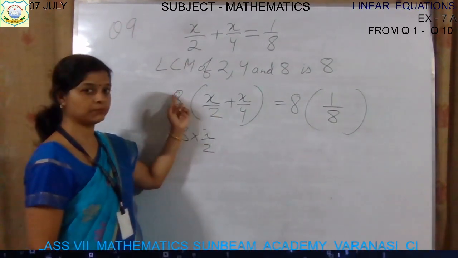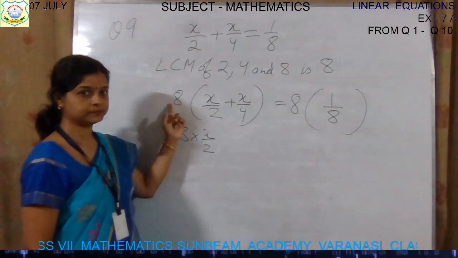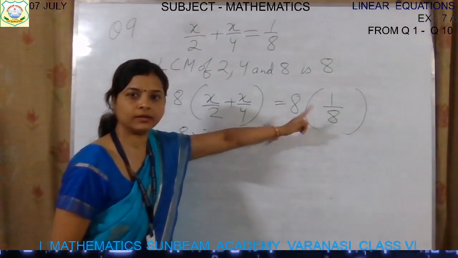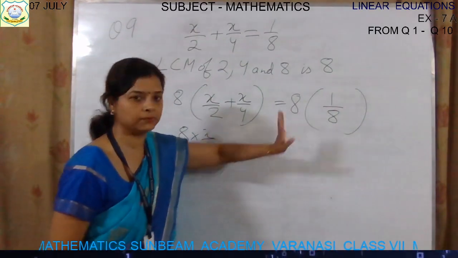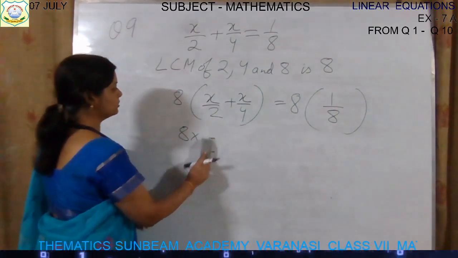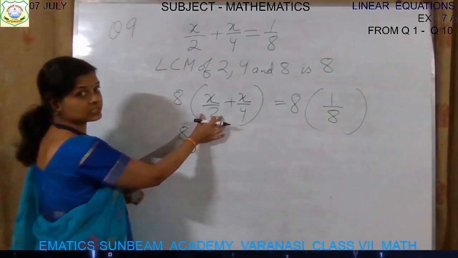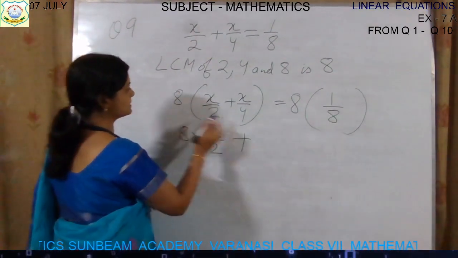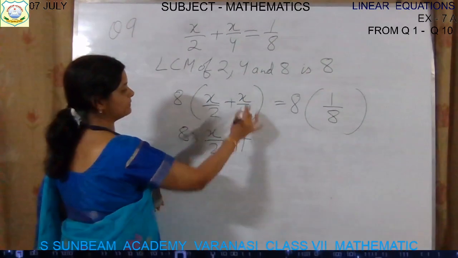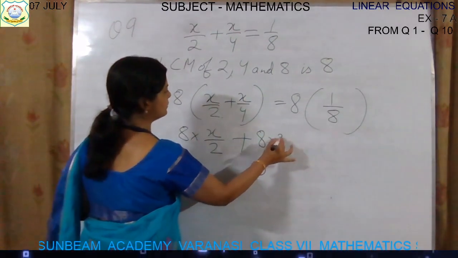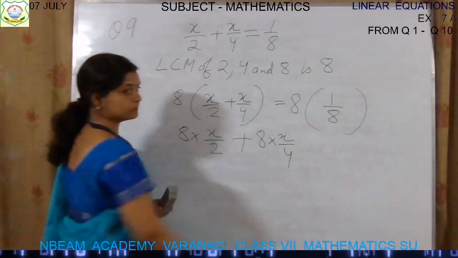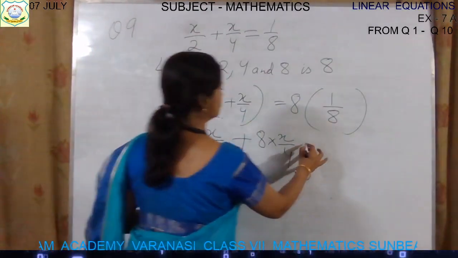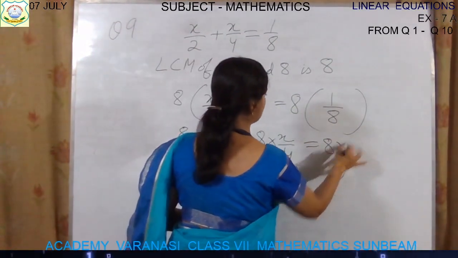We cannot simplify in this way. Here we can, because inside the bracket only one term is there, so we can simplify. So 8 will multiply with the first term, 8 into x by 2, plus 8 will multiply with the second term, 8 into x by 4, is equal to 8 into 1 by 8.